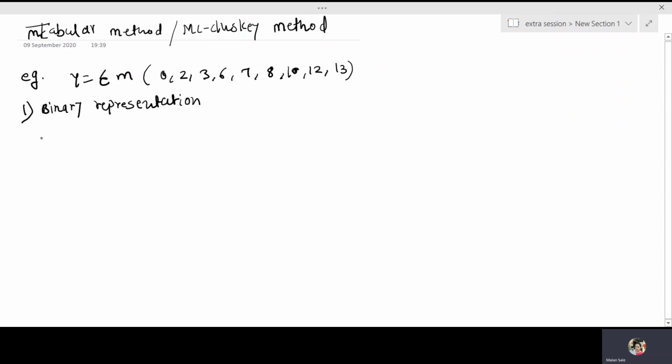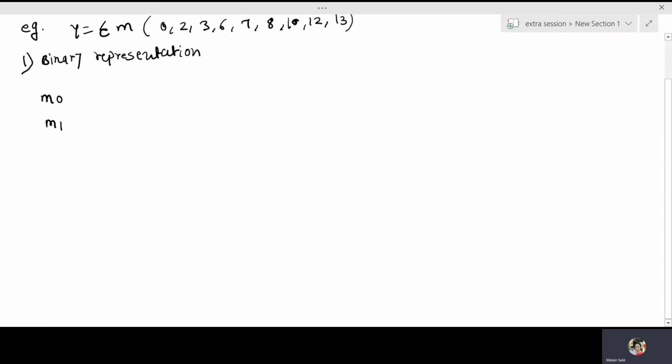Represent in the binary form M0, M1, M2, M3, M6, M7, M8, M10, M12 and M13.